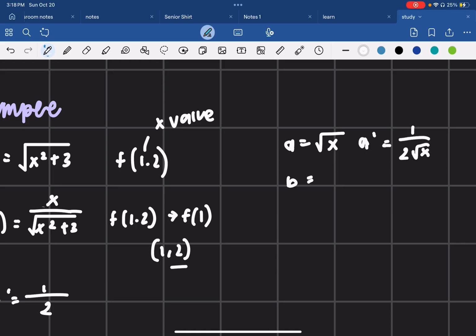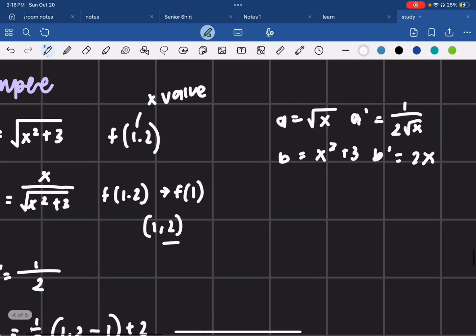Your b is going to be equal to x squared plus 3, and then your b prime is going to be 2x. When we put in the chain rule formula, we have 1 over 2 root x squared plus 3, and then times 2x. Now, if we put the 2x on the top, then we're actually going to be simplifying this.